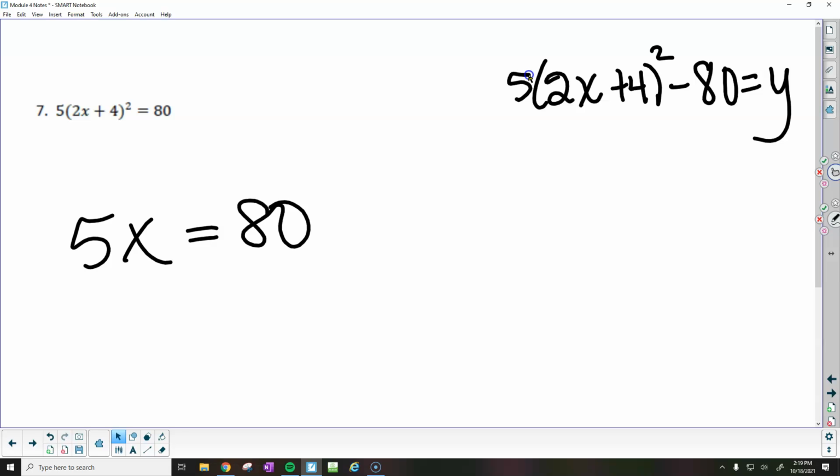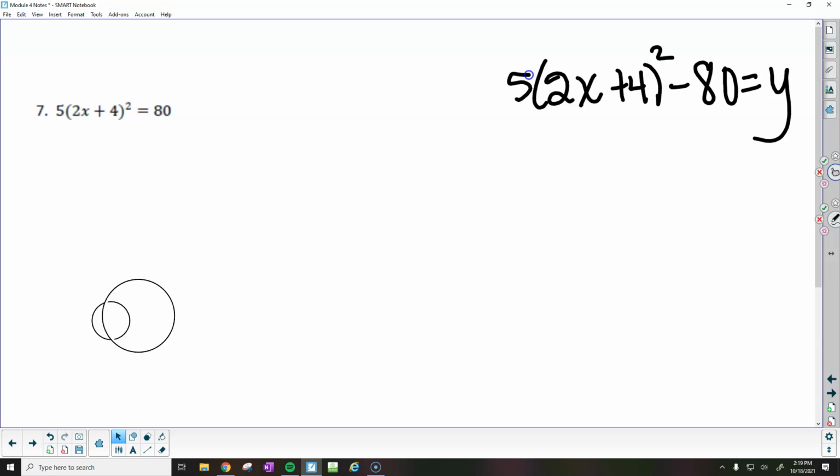That's like 5x. It just has more symbols. That's still one term. So please make a note. Don't make this harder. Divide both sides by 5. So remember, it's one term, so those 5s cancel on the left side.